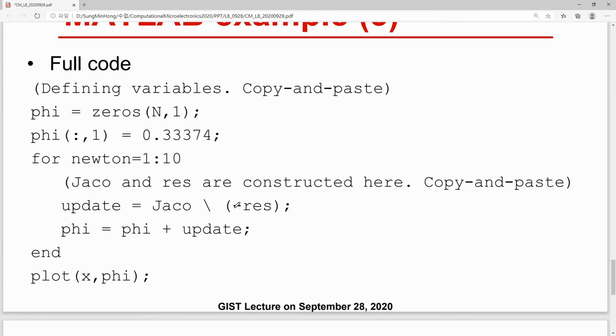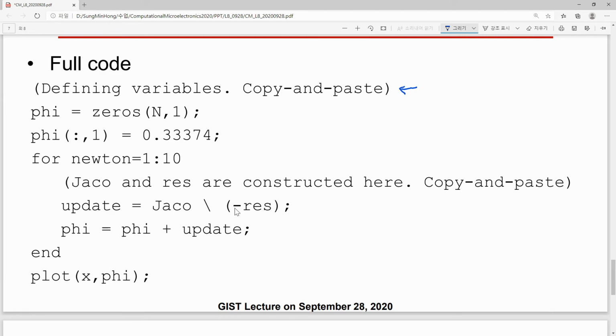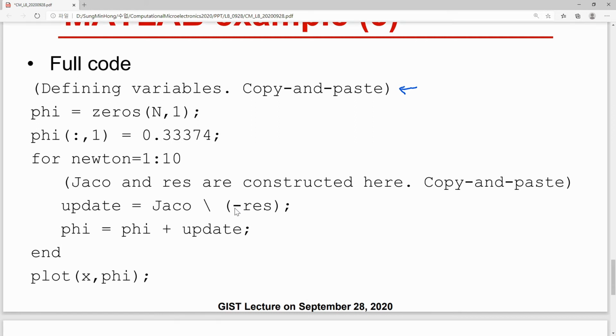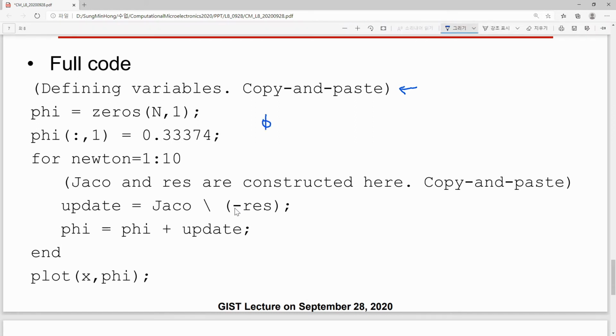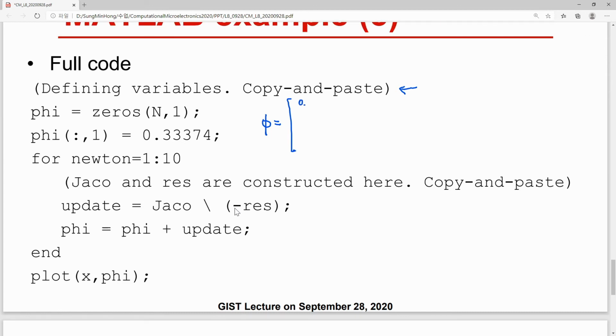So let's have a look at the pseudocode for full code. First, copy and paste our defining variable part. You have many variables. We start from the phi whose components are all just 0.33, which satisfies the boundary condition.